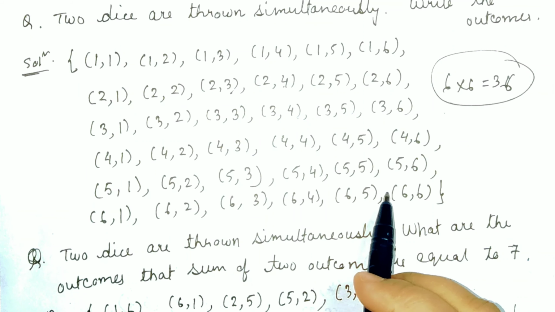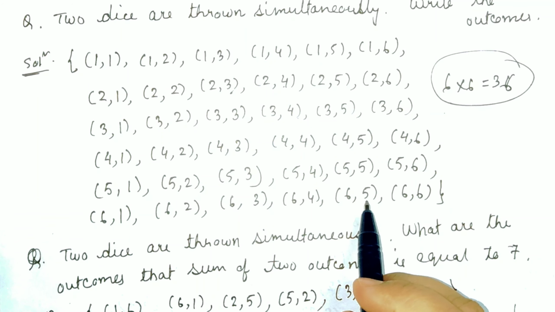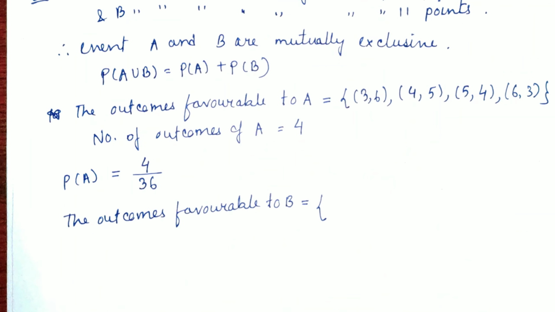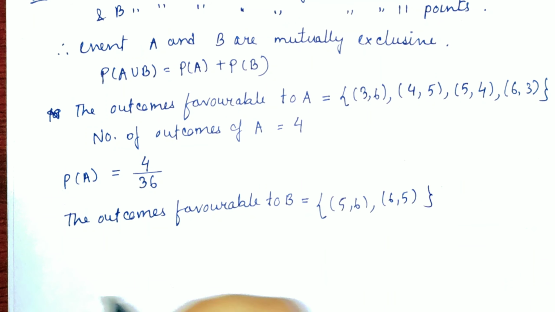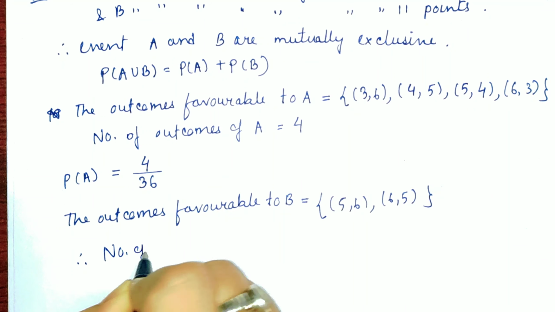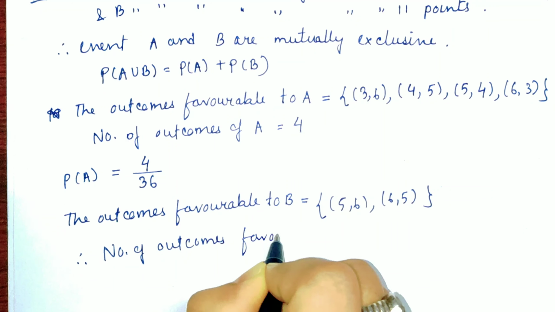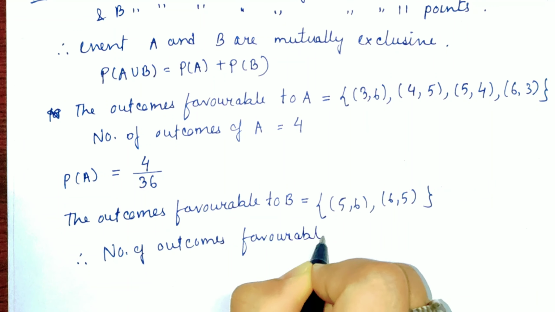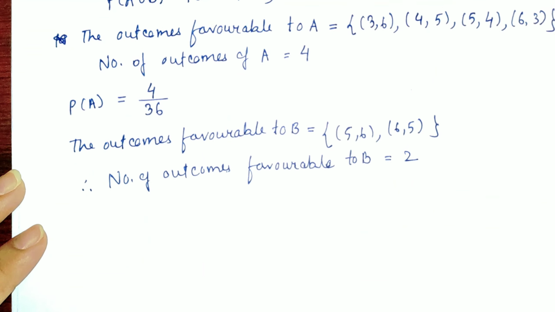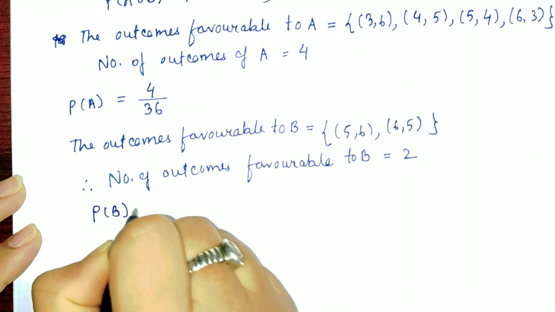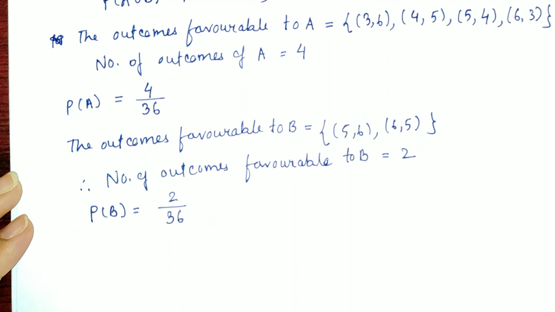These are the only two values which will give you the sum equal to 11. There are not any other outcomes: 5, 6, 6, 5. Therefore, number of outcomes favorable to B is equal to 2. PB, probability of B is equal to 2 divided by 36.